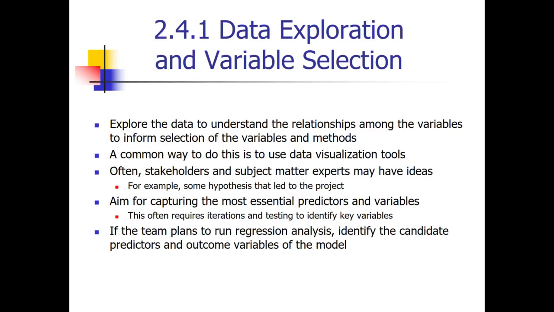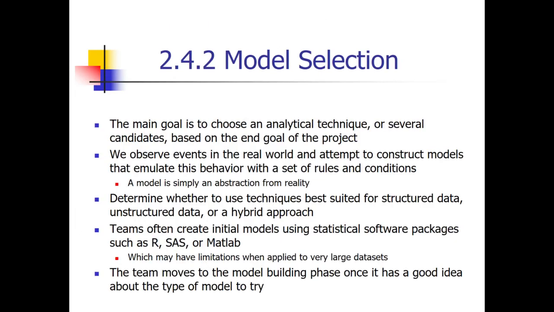These two statistical parameters help me pick the two important columns out of 100. So variable selection plays a vital role in this kind of model planning. Next, after that planning, we have to select the model. We select the model by using R, SAS, MATLAB, different kinds of tools available for selecting different kinds of models.